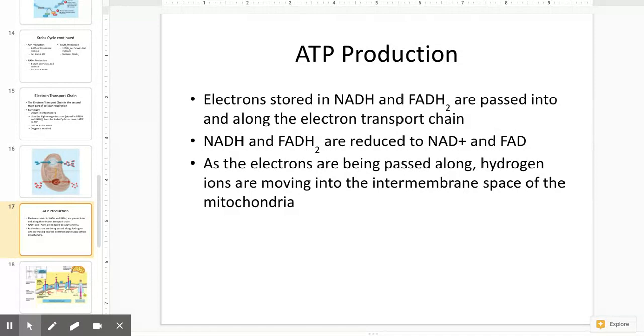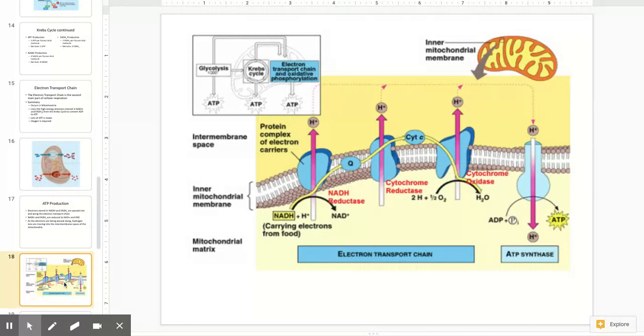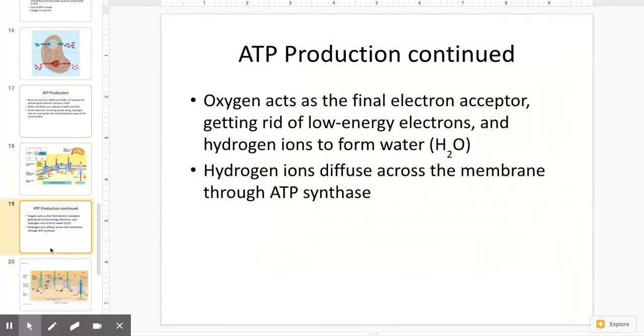The electrons are just coming from a different place. The NADH and FADH2 get reduced to a lower energy form. And as those electrons get passed along, the hydrogen ions are getting pumped into the inner membrane space. Eventually, those hydrogen ions diffuse through ATP synthase, producing a lot of ATP.